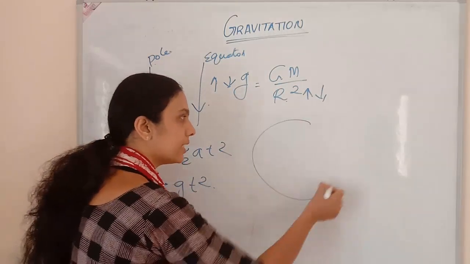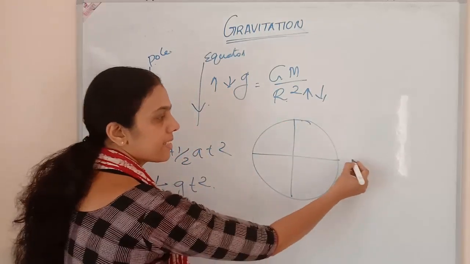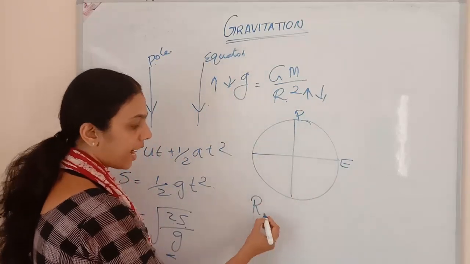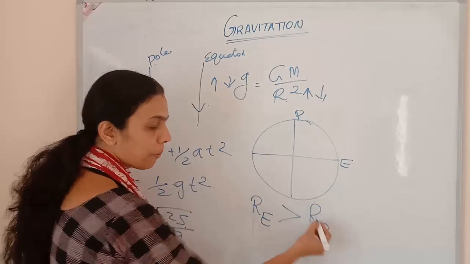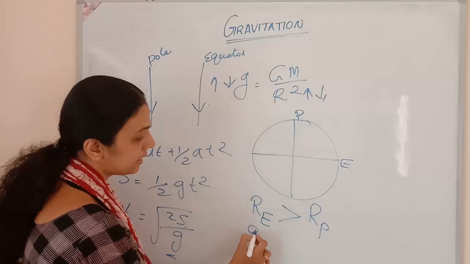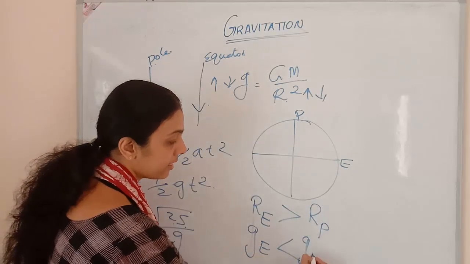Instead, it is more at the equator and less at the poles. This is the equator and this is the pole. So the radius of the earth at the equator is more than the radius at the pole, isn't it? So g at the equator is less than g at the pole.